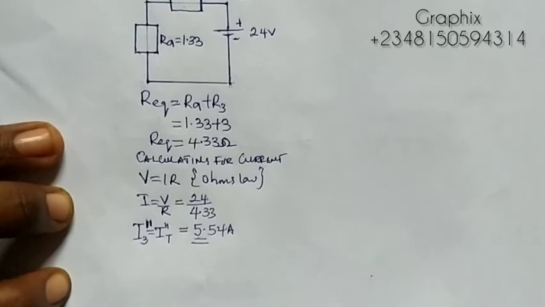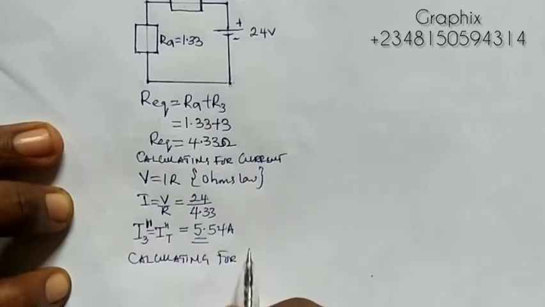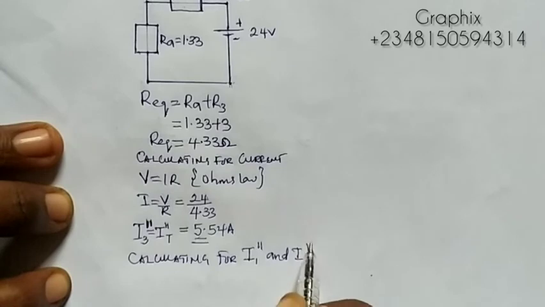Now since we've done that, the next thing is we want to calculate for I1 prime prime and I2 prime prime.